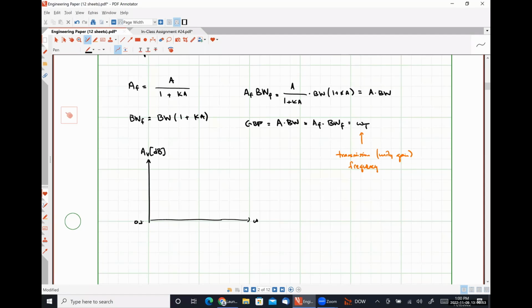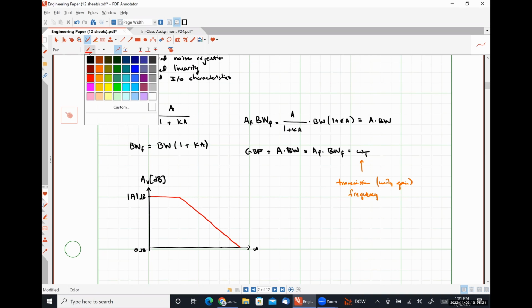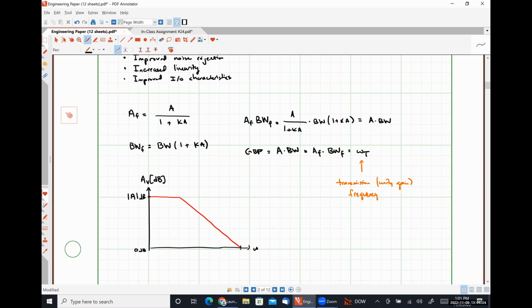If this bottom bit corresponds to 0 dB, and this guy right here corresponds to the magnitude of A, our open loop gain in decibels, we should expect a response curve something like this. Where when our gain response hits 0 decibels, we are at our transition or unity gain frequency.